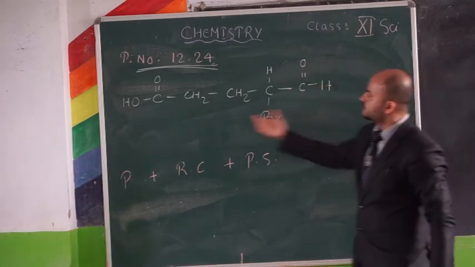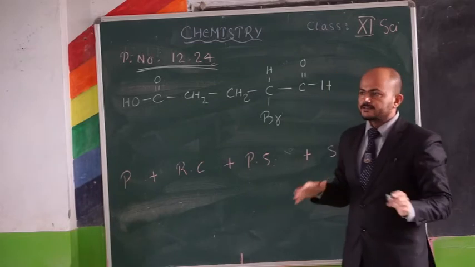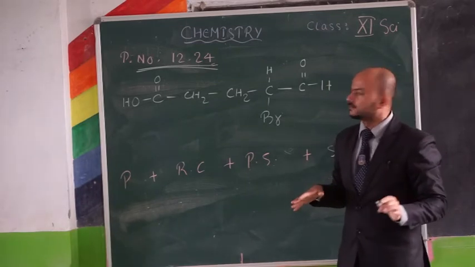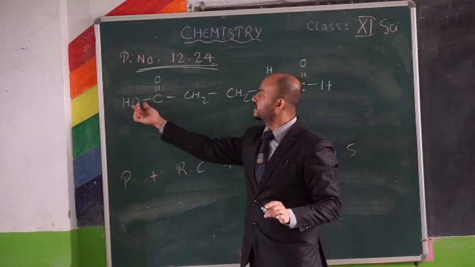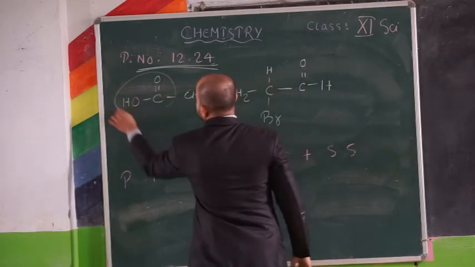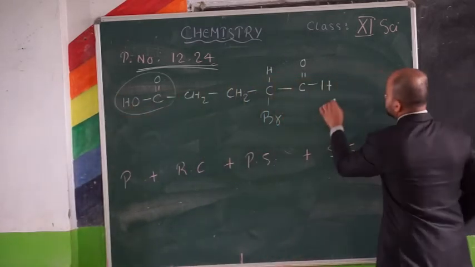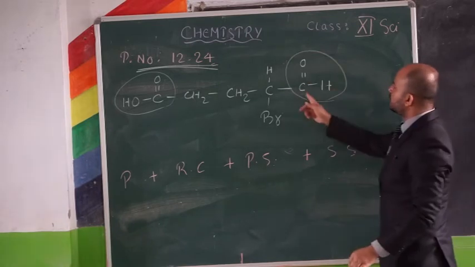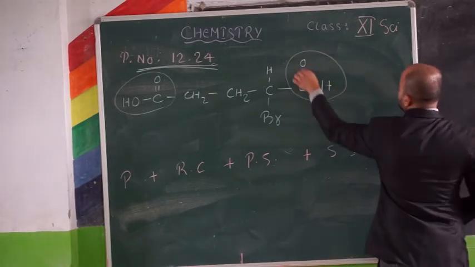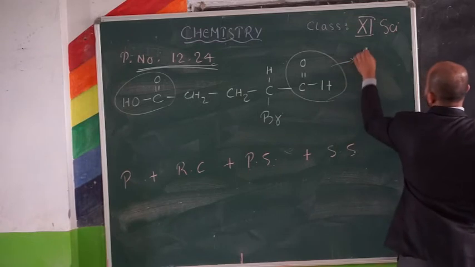Okay, so this compound we have taken. Now the first thing that you have to see is the functional group. So here you have C double bond OH, this functional group, and you have another functional group here, C double bond OH. C double bond OH is aldehyde.